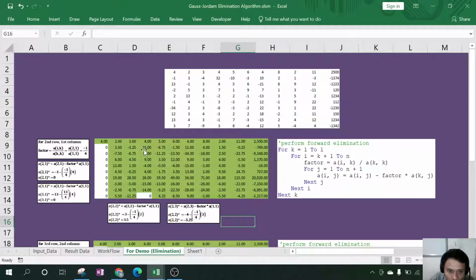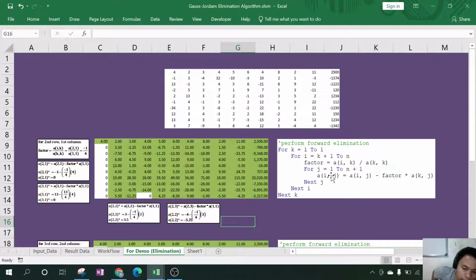Now if we continue the process, the code will do that for you. It will change all values in row 2.